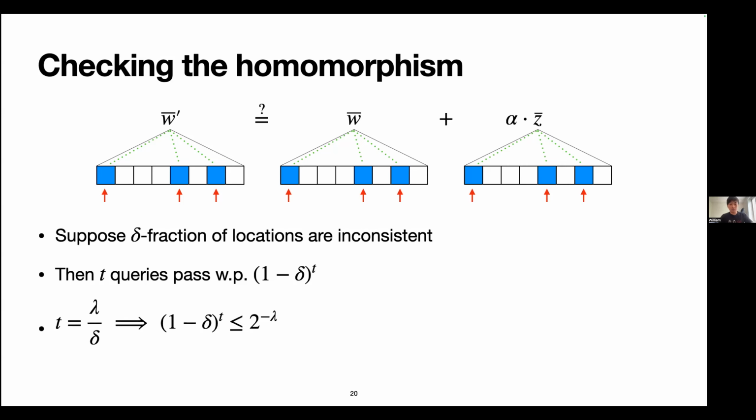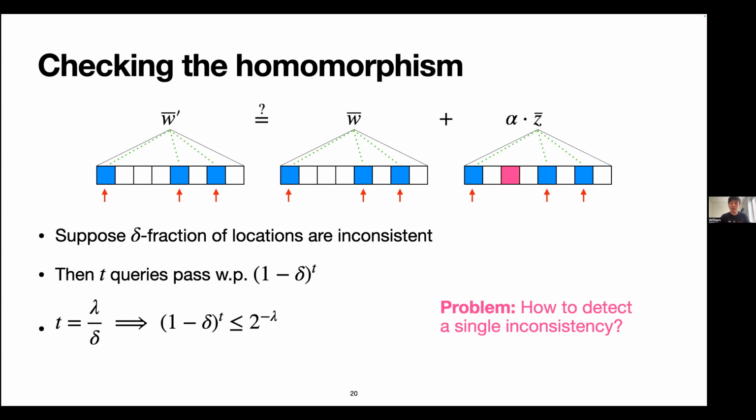If you set T to be equal to the security parameter divided by delta, then you can show that this probability is negligible. In particular, if you want to guarantee that at most a constant fraction of locations are inconsistent, then T will essentially be O of lambda, and you're happy because your accumulation verifier is only sampling very few points.